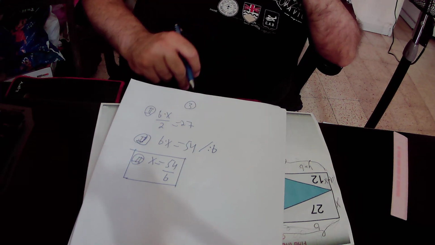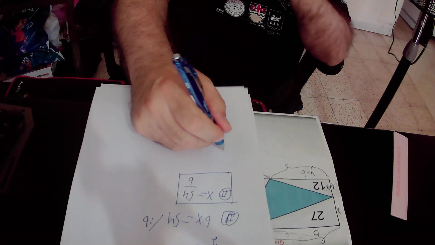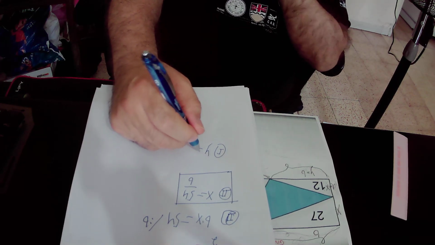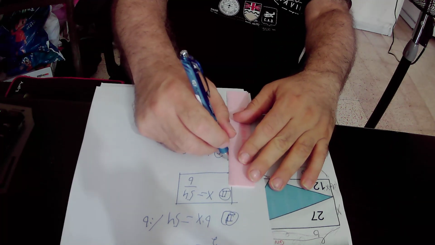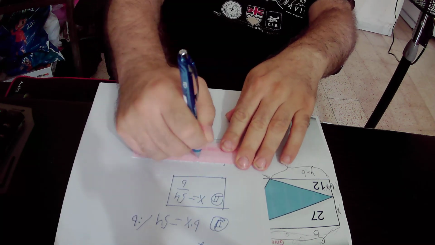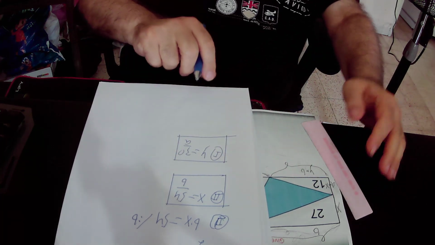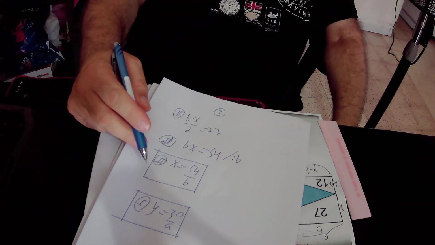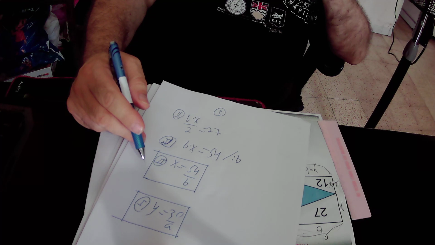So we will get that x equals 54 over b, and we already know that y equals 30 over a. So we took out x and y from their equations.